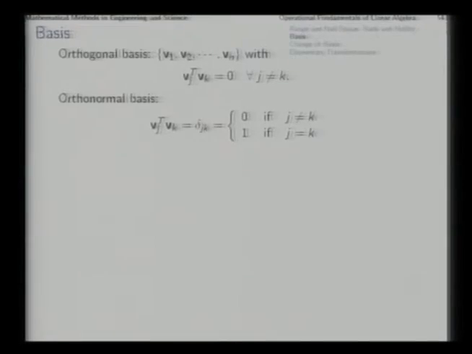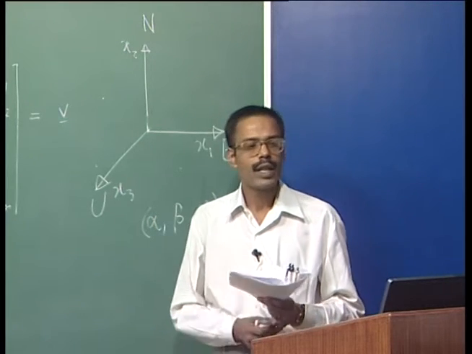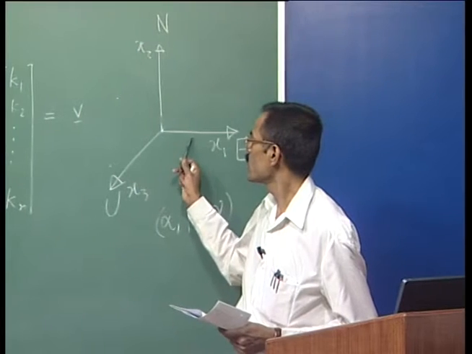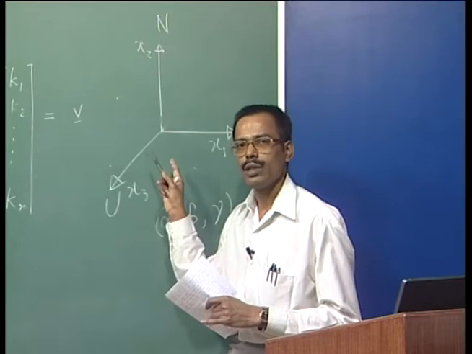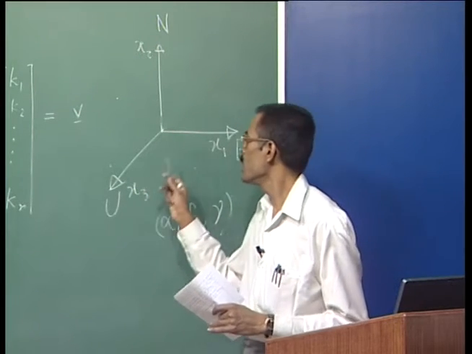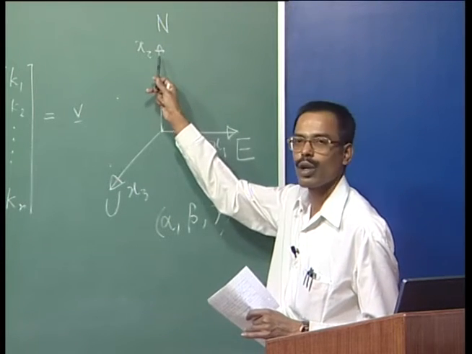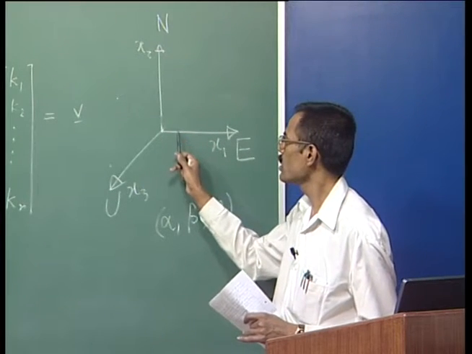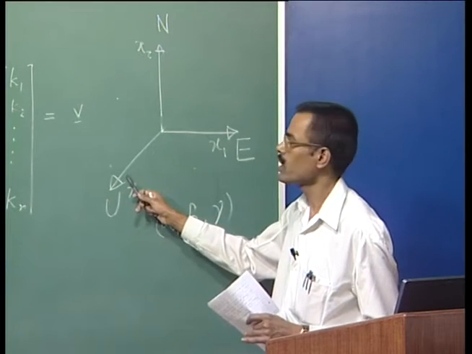Sometimes we talk of a particular kind of basis called an orthogonal basis, in which these vectors are perpendicular to each other. In this situation, we have actually taken the example of a basis which happens to be orthogonal, because between the directions east and north there is a right angle, and between east and up also there is a right angle, and so on.